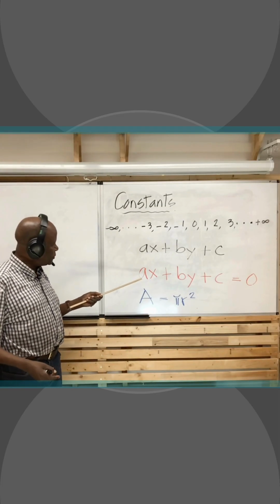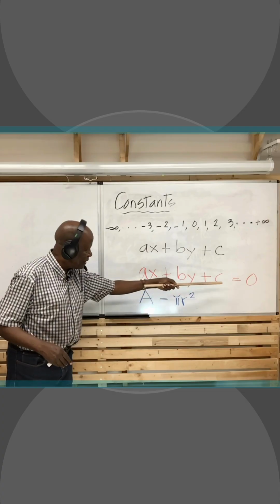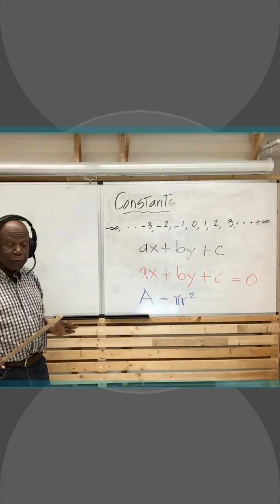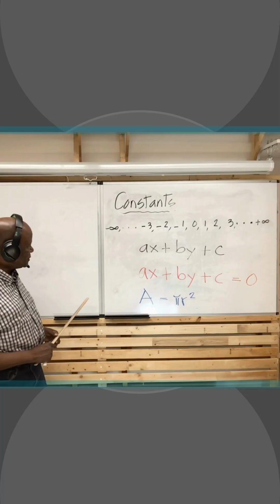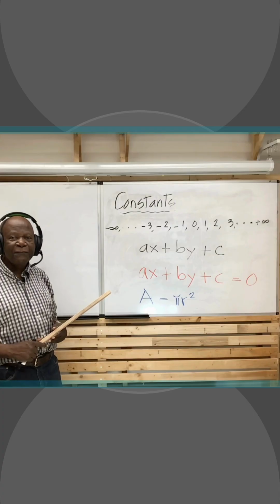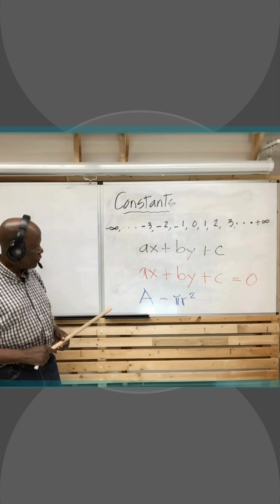Now, what is the role played by a or b or c in this equation? In addition to being coefficients, they serve to influence the outcome of this interaction.